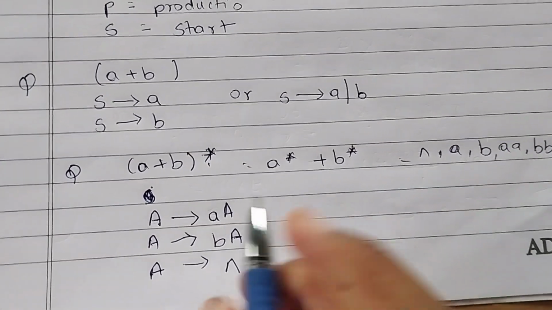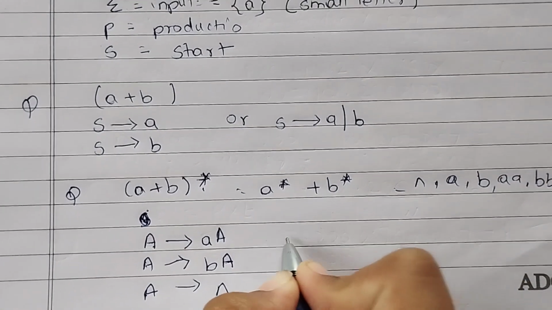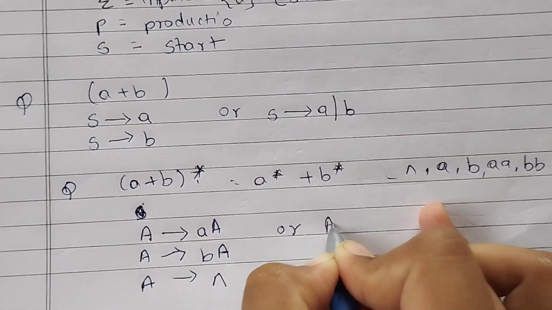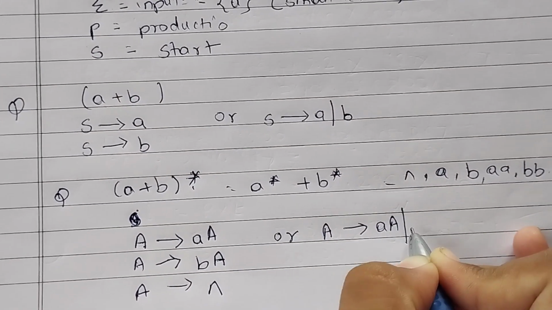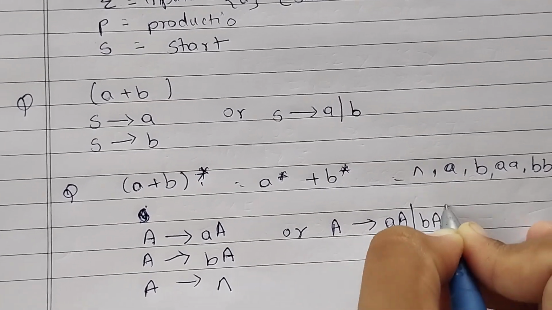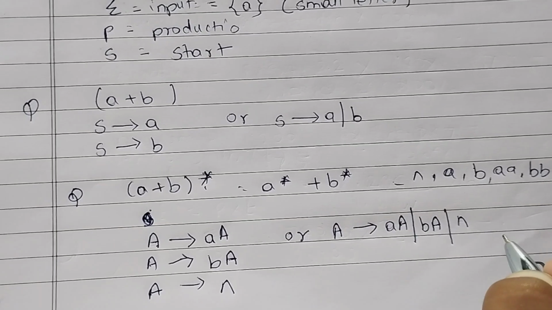Am I right? So in common we write here A reads AA or BA or null also.